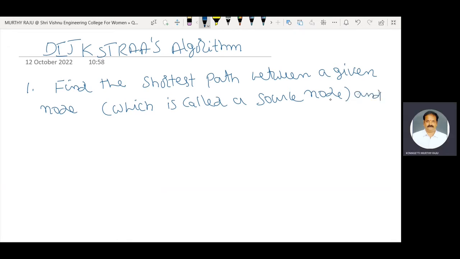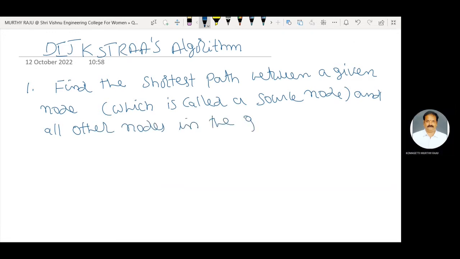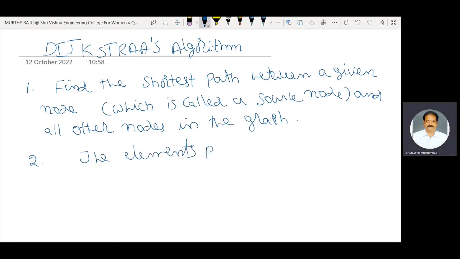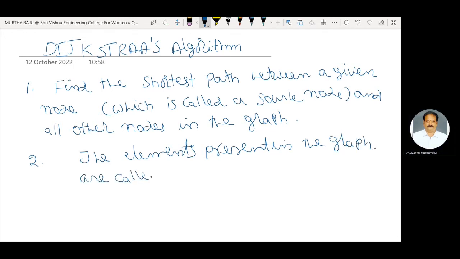The elements present in the graph are called nodes.